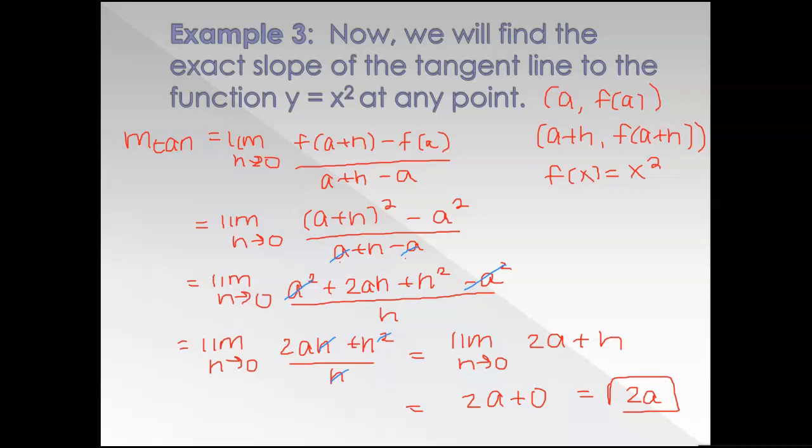So what that means is if you wanted to create the equation of a tangent line to any point, the equation of the tangent line would be y minus y1 equals 2a times x minus x1, where the a value is the same as x1.